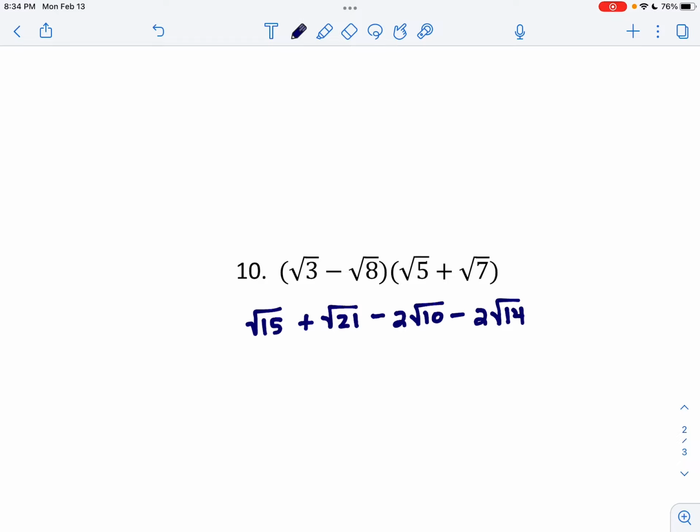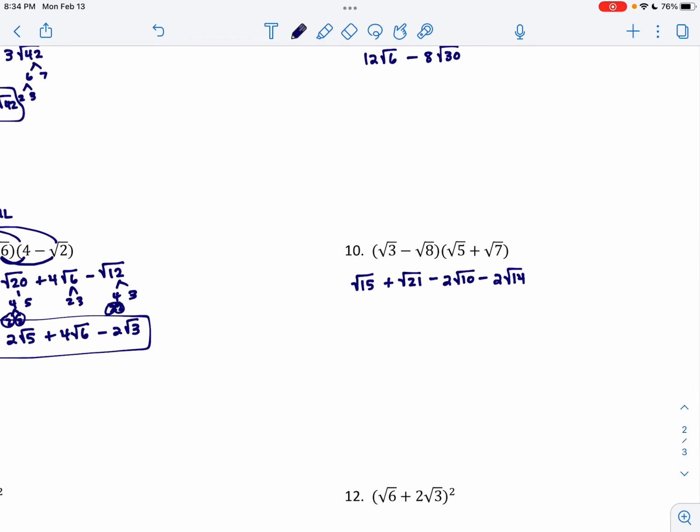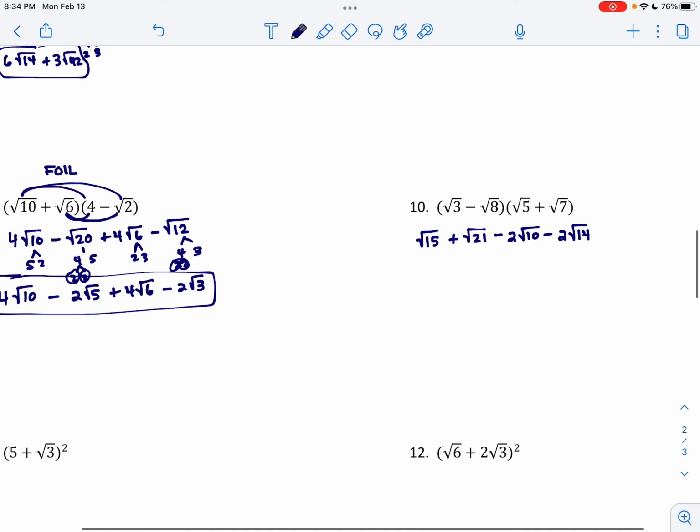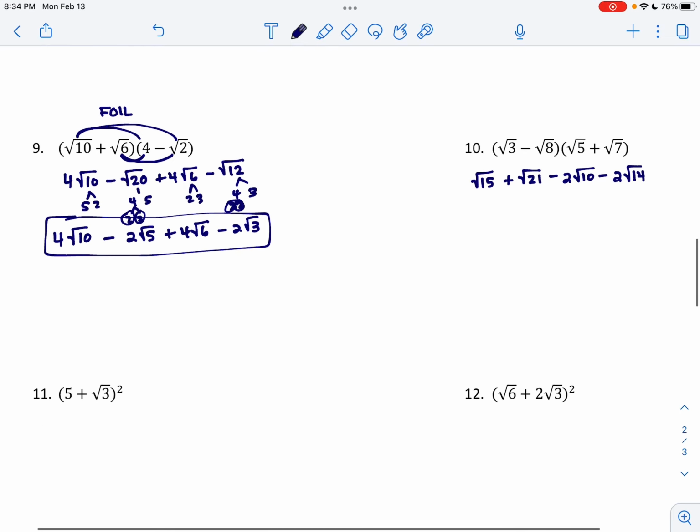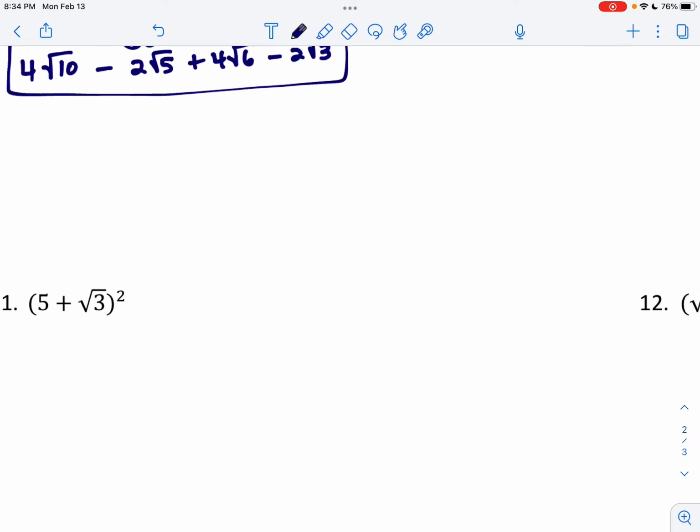All right, check your answer with number 10 when you are ready and see if you get that answer. If you are not practicing these on your own, you're going to have a really tough time whenever it comes time to take the quiz. Okay, so you want to make sure that you're practicing and you know how to simplify all of these.